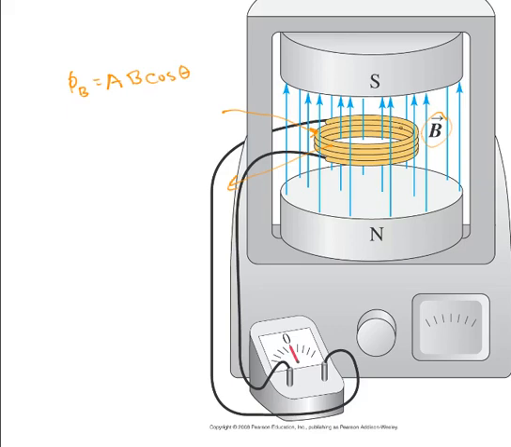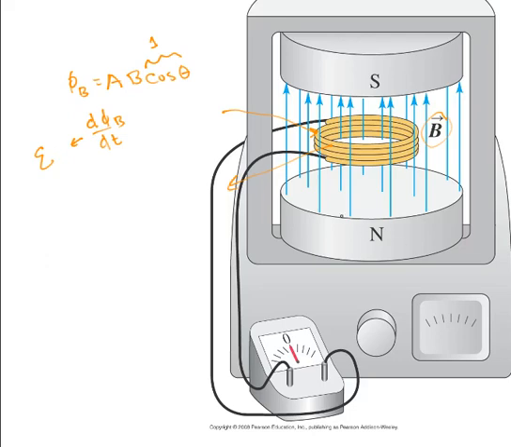In this particular case, the magnetic field is perpendicular to the coil, so the angle between them is 0, and the cosine is 1. The claim then is that the change in the magnetic flux with respect to time is going to cause an EMF, a voltage.